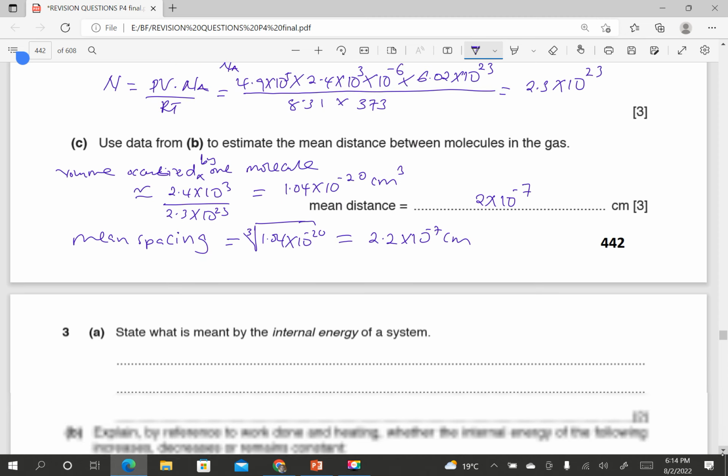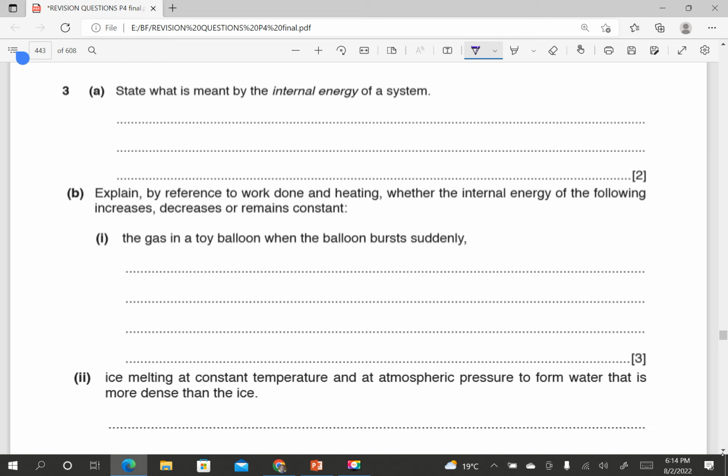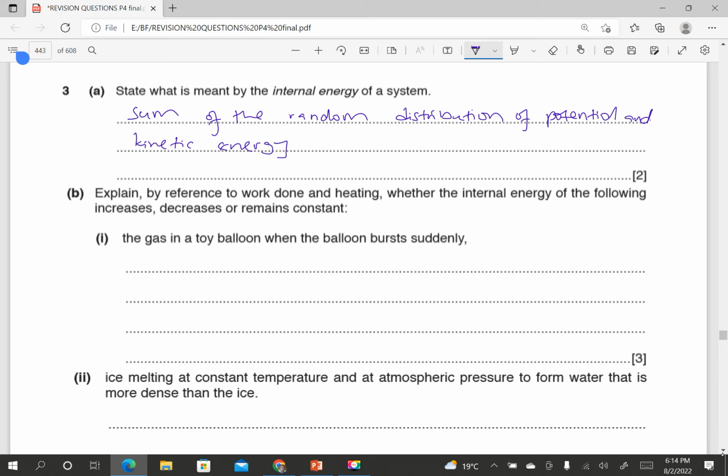Okay, next. State what is meant by internal energy. That is the sum of the random distribution of the potential energy and kinetic energy of all the molecules making up the system.